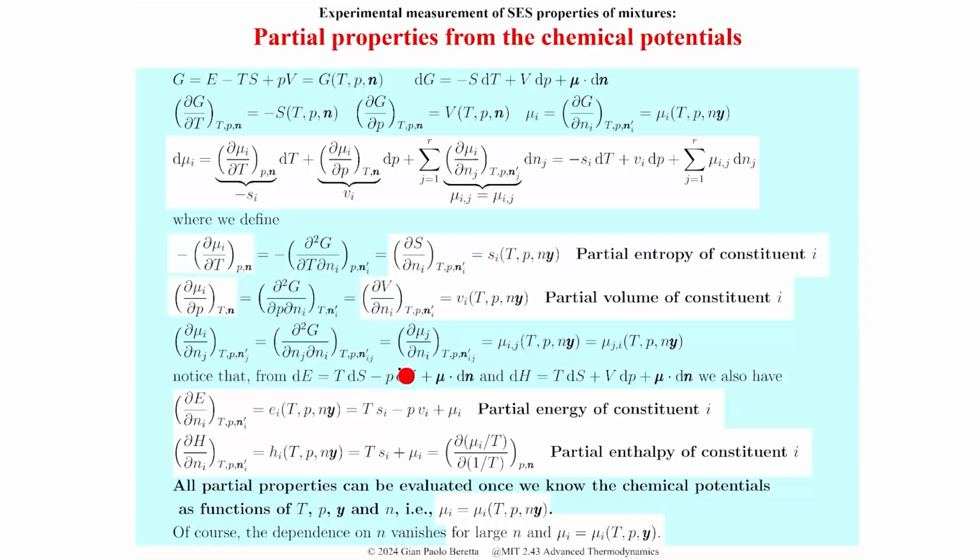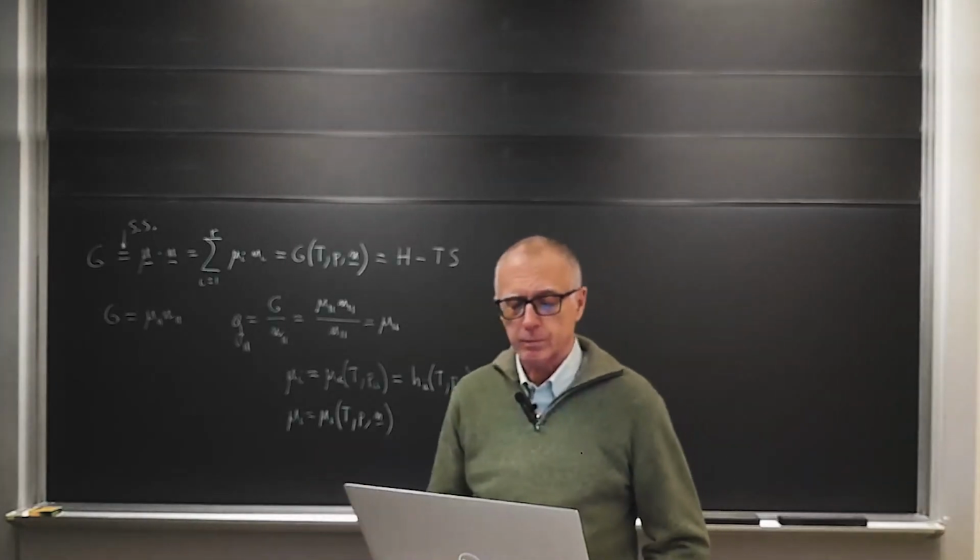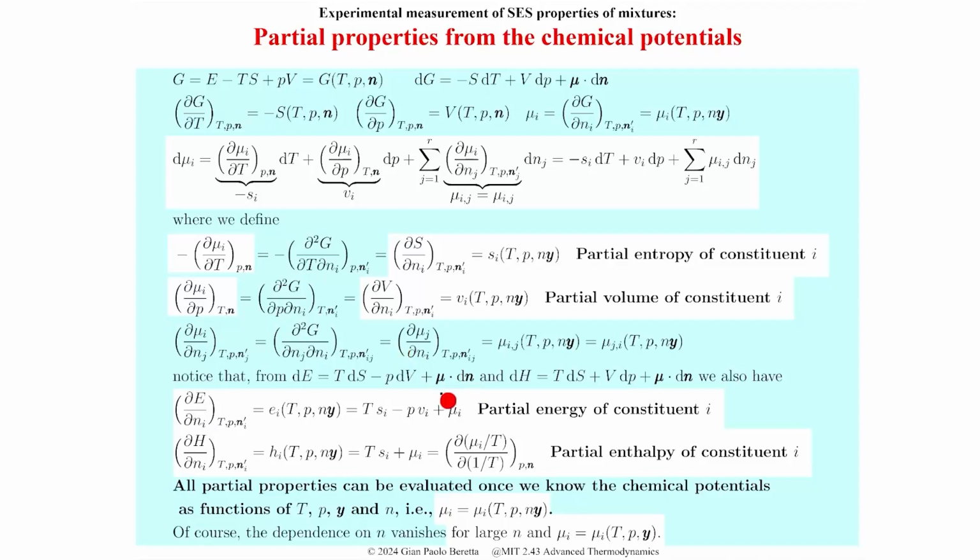And then I have dV divided by dn_i, that's the partial volume. And dN divided by dn_i is 1, if the i I am dividing by is the same as the n, and 0 if I'm dividing one by the other, because they are independent.